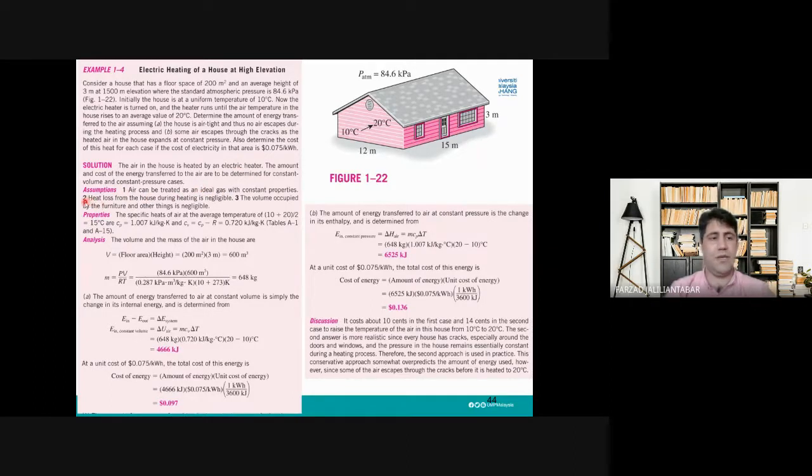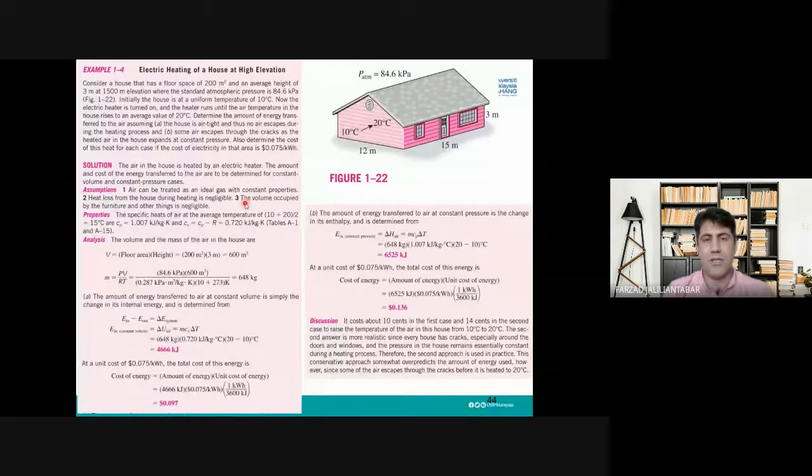Assumption number 2, heat loss from the house during heating is negligible. Because as you know, if we use a heater to increase the temperature of the air inside the house, some of the heat also will transfer to the wall and the roof of the house, and it will transfer to the surrounding. We assume we don't have that, and all of the heat transfer is between the heater and the air inside the house.